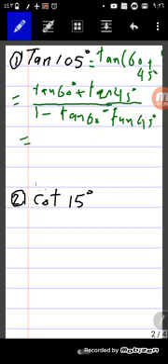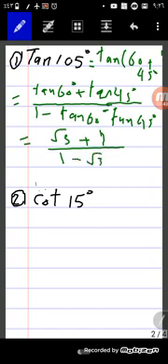We know that tan 60 equals root 3 and tan 45 equals 1, so the result equals root 3 plus 1 over 1 minus root 3 multiplied by 1. Then the result equals root 3 plus 1 over 1 minus root 3.